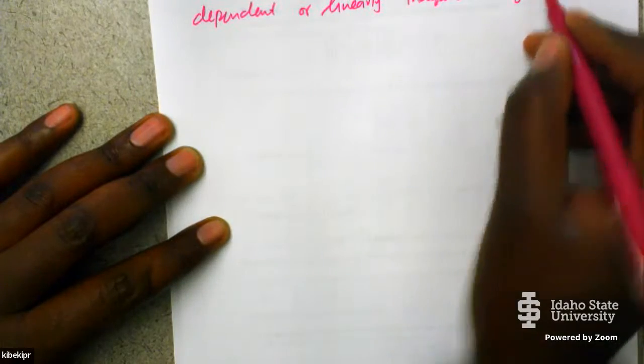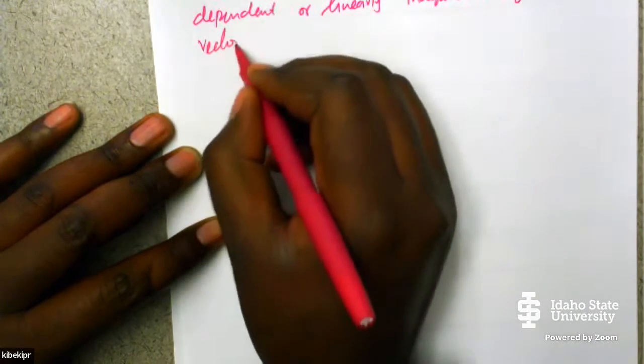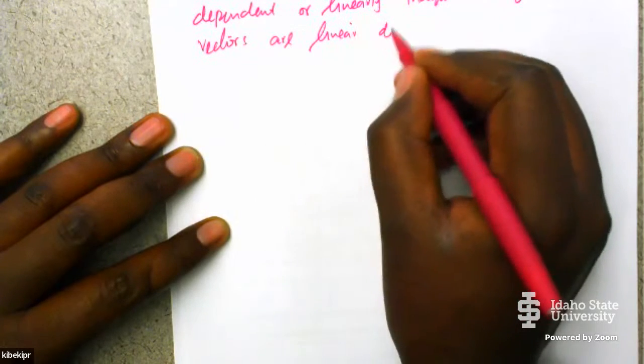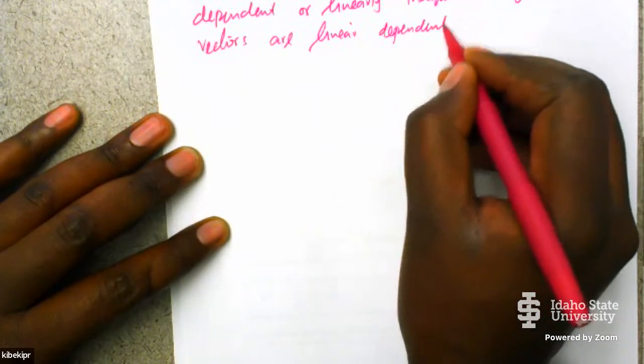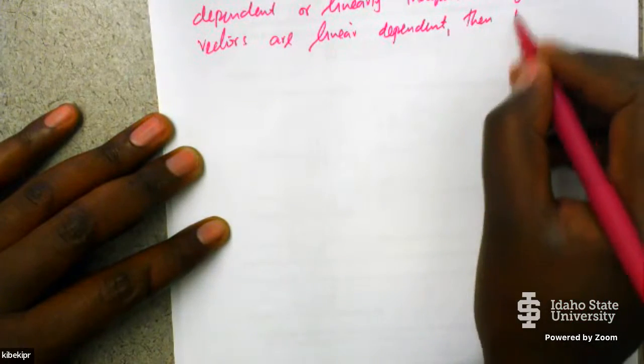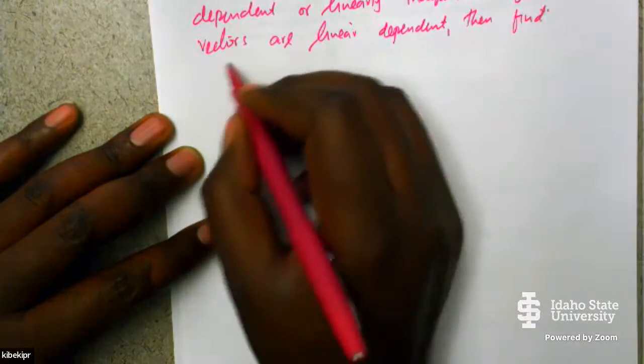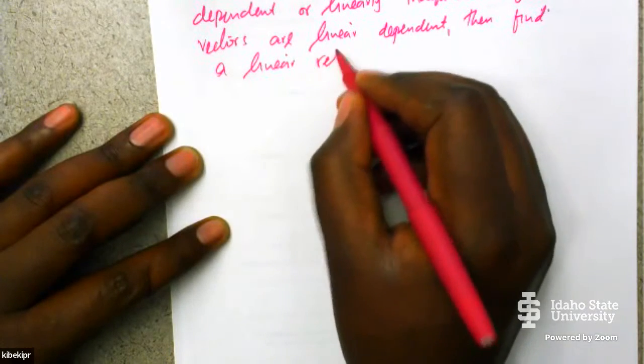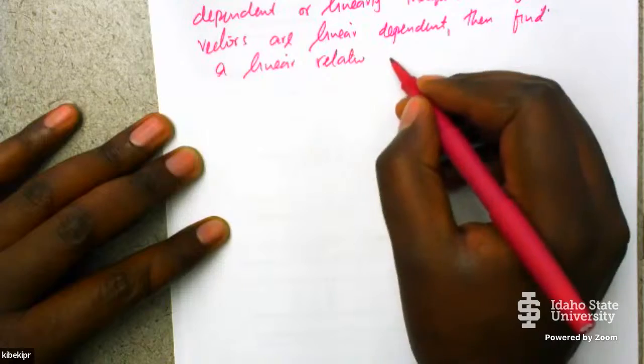If the given vectors are linearly dependent, then find a linear relation of them.